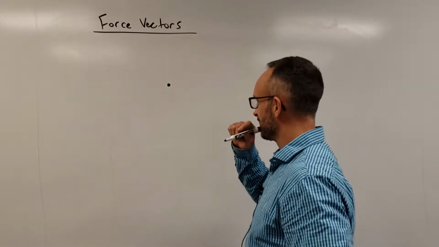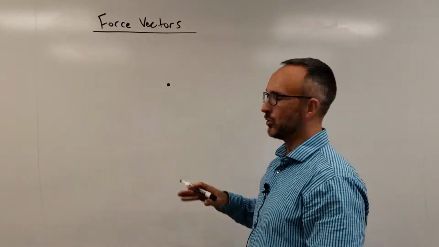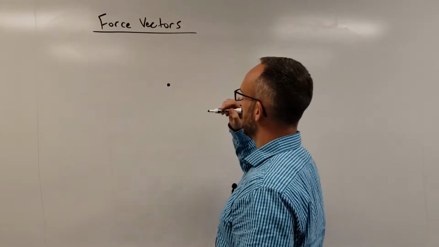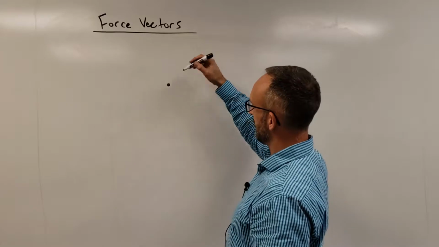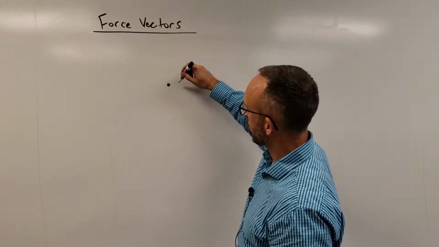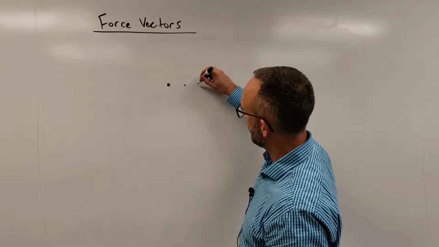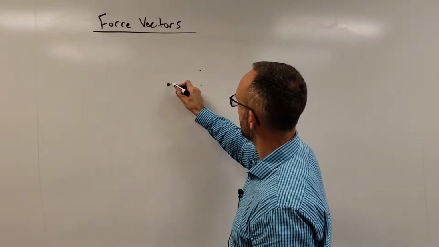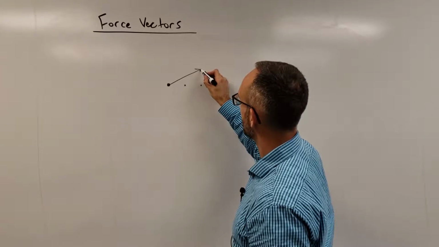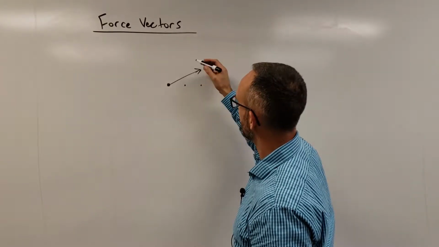So let's say, and I don't have a grid here to work on, so just bear with me. Let's say we have a vector, I'm going to use dots to indicate what I'm doing here. Let's say force 1 is 2 units to the right and 1 unit up. So this is vector F sub 1.